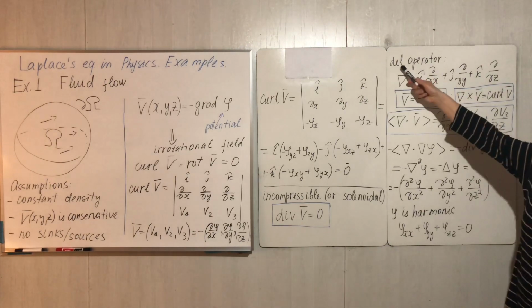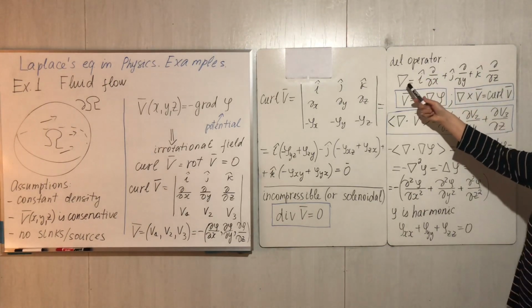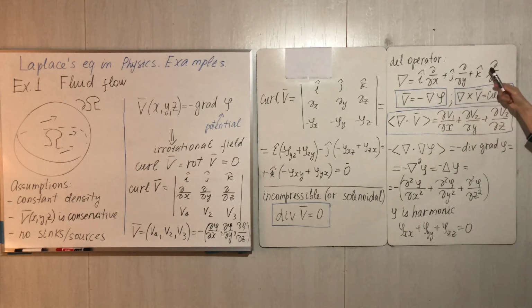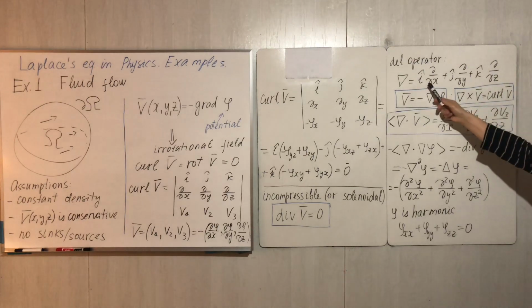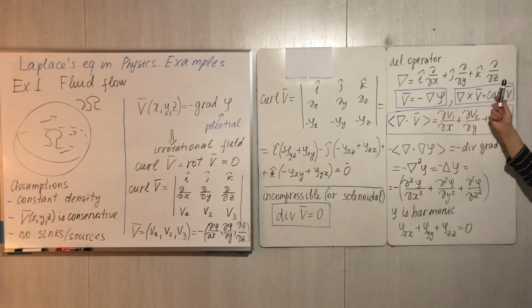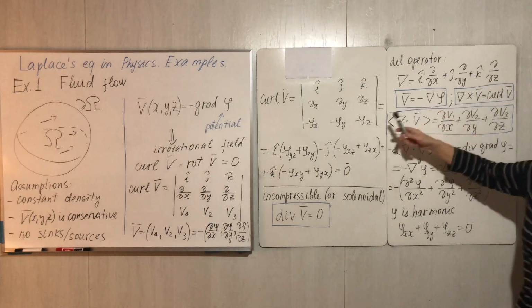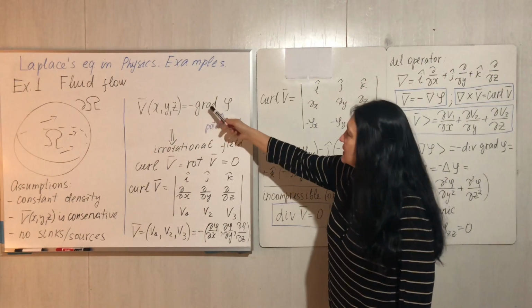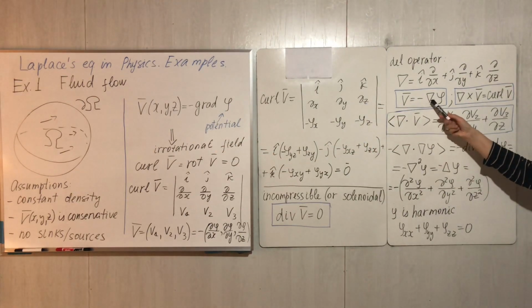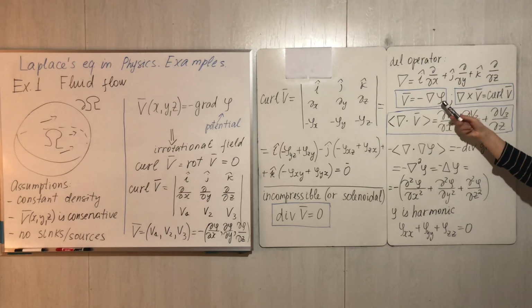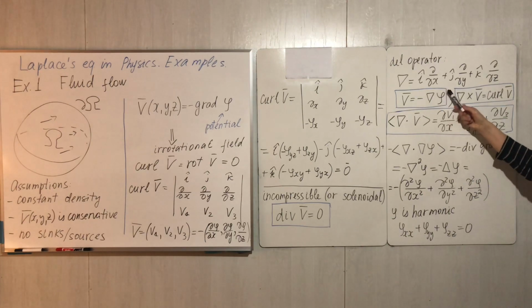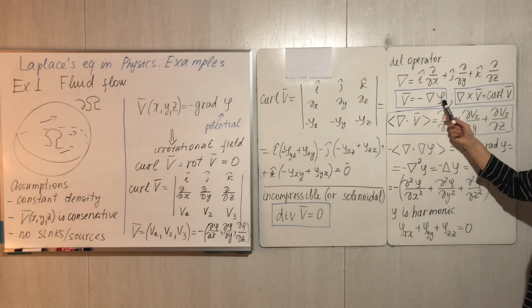So if we use the del operator, which is i d/dx plus j d/dy plus k d/dz, so here i, j, k are our basis unit vectors, then when we have V equals negative gradient phi, that would be del acting on our function phi, right? So our del operator, if we have a scalar function, results in a vector.